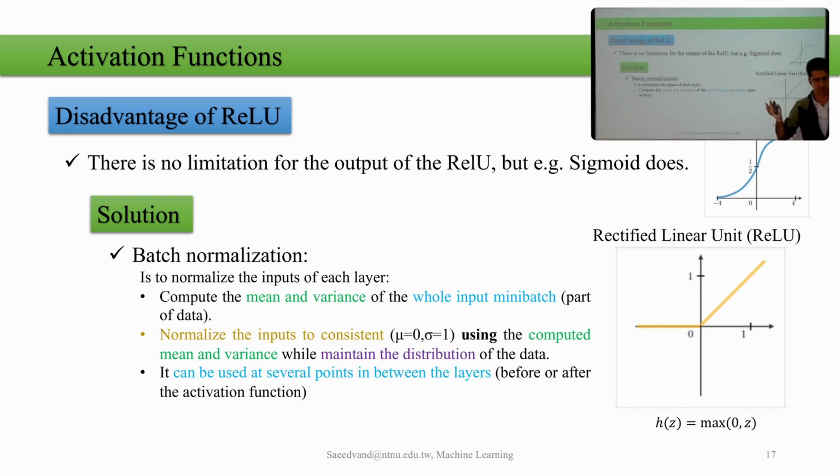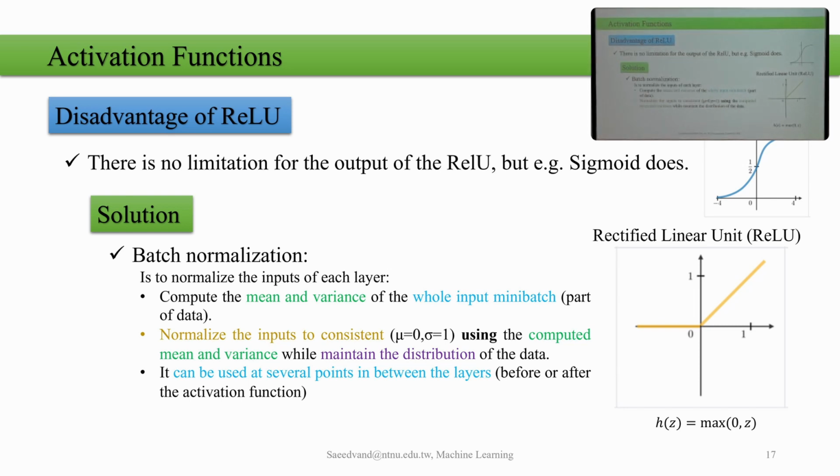If you have a data set of, say, 1 million data, and each time you give, for example, one sample to your network, and if you give 100 of those, we can call it a mini batch. Then you can calculate the mean and variance of that data and normalize the input to mean 0 and standard deviation 1, for example.